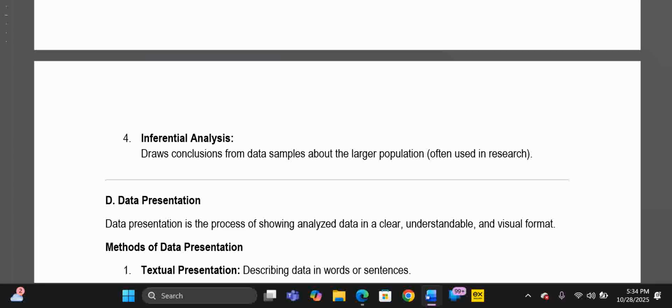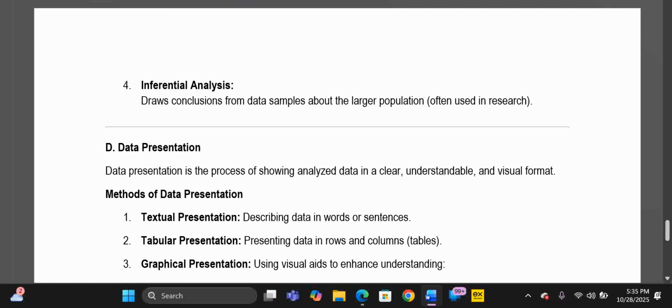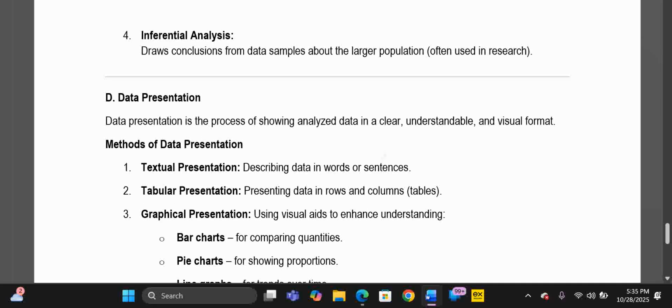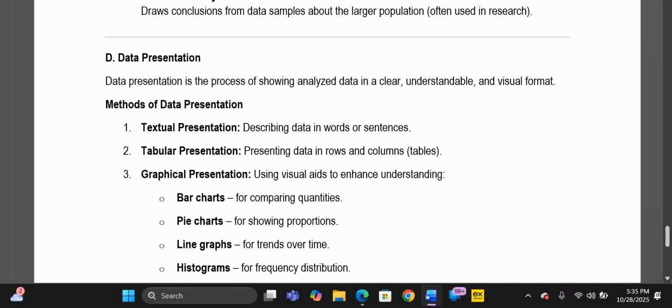Even what I'm explaining is real analysis, because analysis is about really observing and logically trying to identify comparisons, and you make your analysis with conclusiveness. So we have data presentation. Data presentation here is a process of showing analyzed data in a clear, understandable, and visual format.